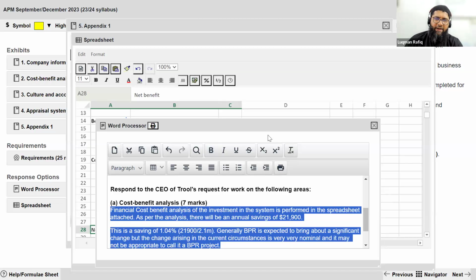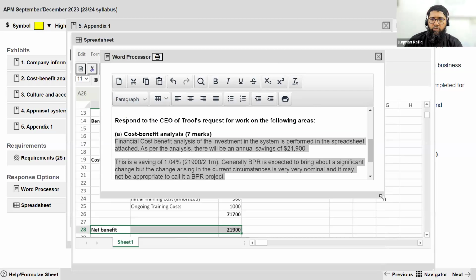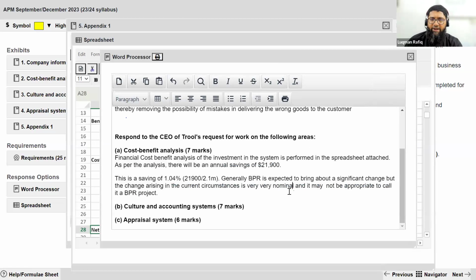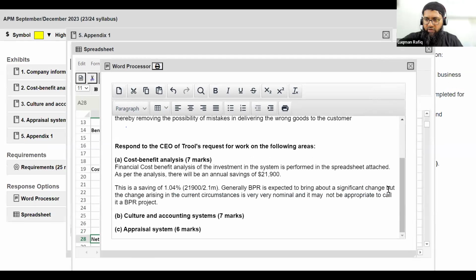Do you people get it? So what have we done? We have tried to do the scenario. I've explained the situation, how things are going to be.